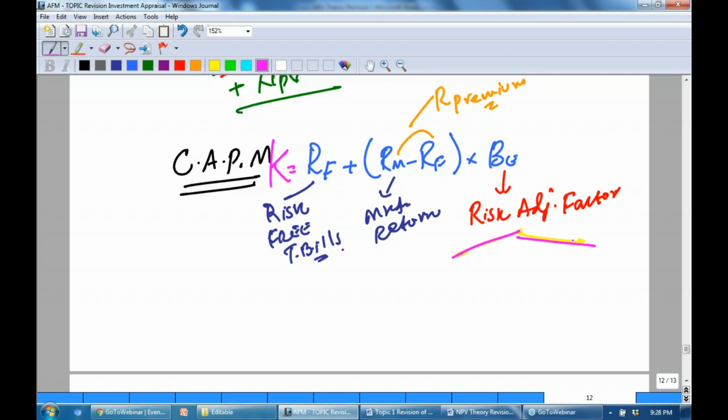What are the two specific risk factors with respect to beta equity? That is systematic risk and financial risk.